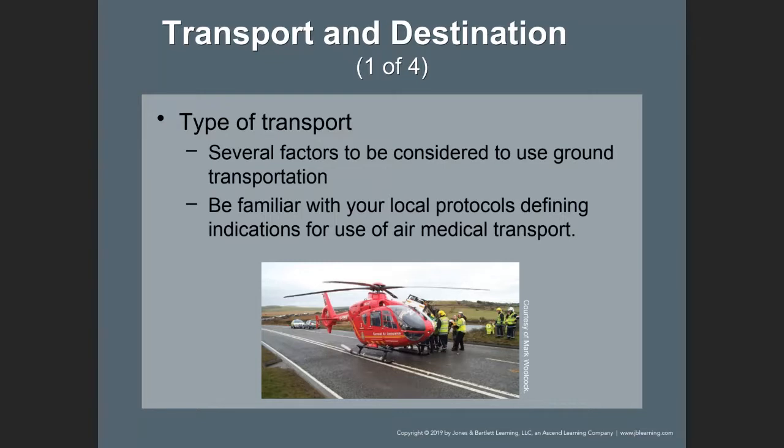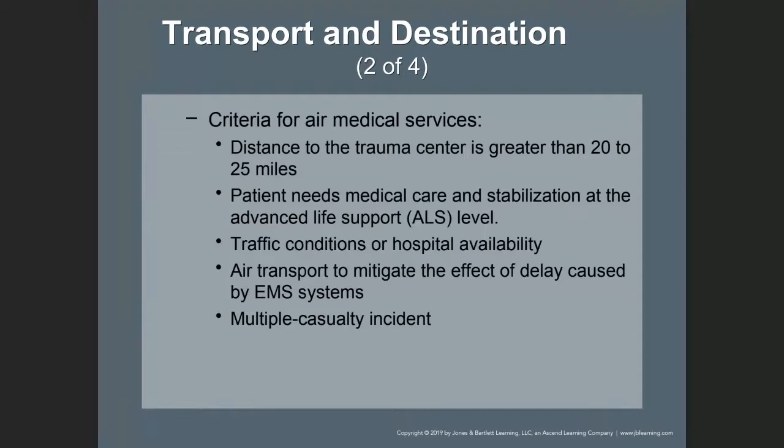Type of transport. Several factors are to be considered to use ground transportation. Be familiar with your local protocol defining indications for use of air medical transport. Criteria for air medical services: distance to the trauma center is greater than 20 to 25 miles.